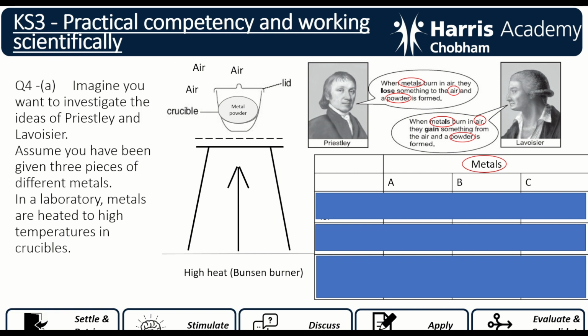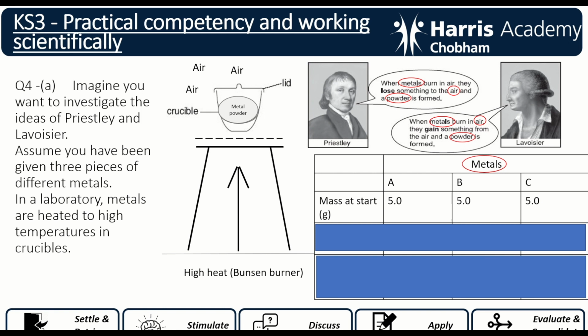And the opposite was said by Lavoisier, who said that they would gain something. Now, the only way to find out if something is gained or lost is to know exactly what they started with. So, if you measure out, let's say, 5 grams of a metal, and you place that inside your crucible, we can then see what happens after it's been heated to a high temperature.